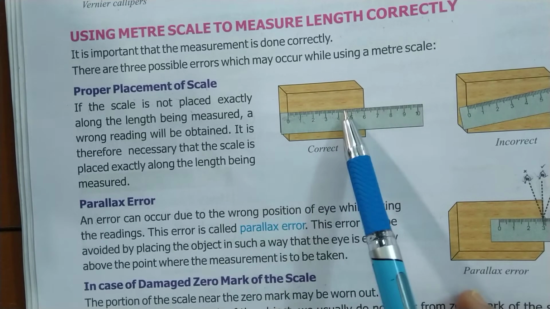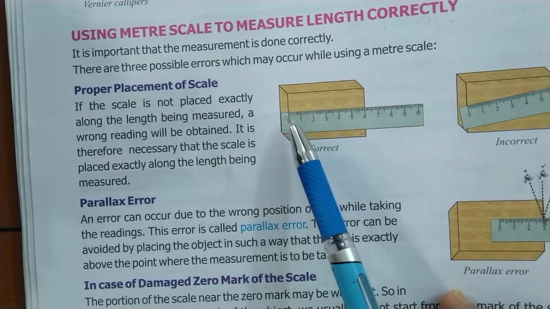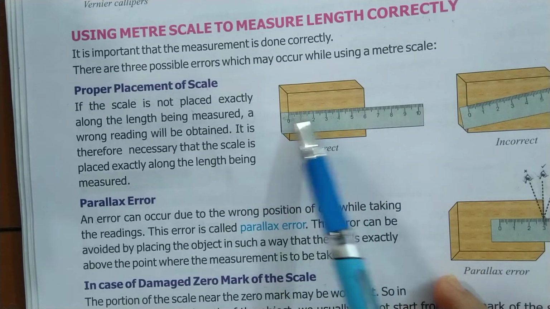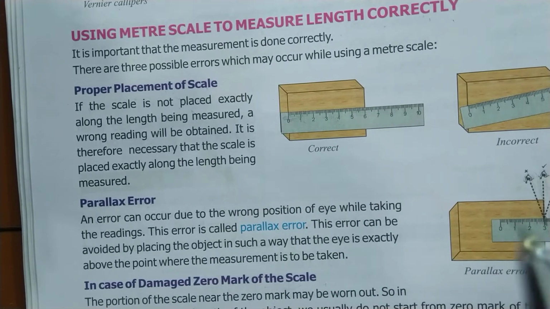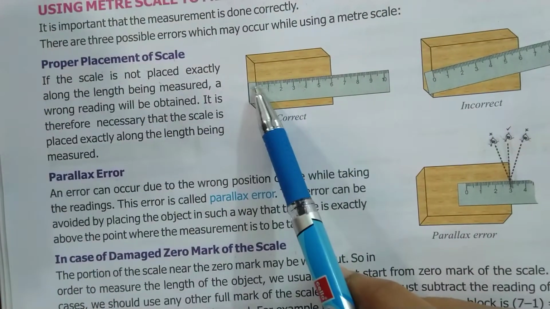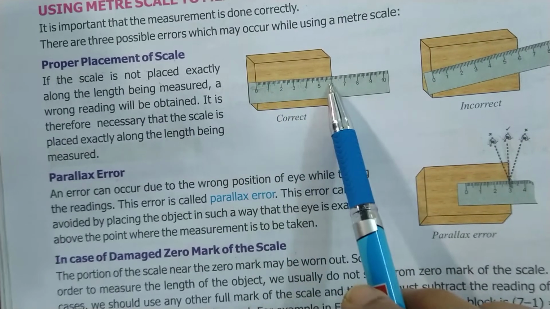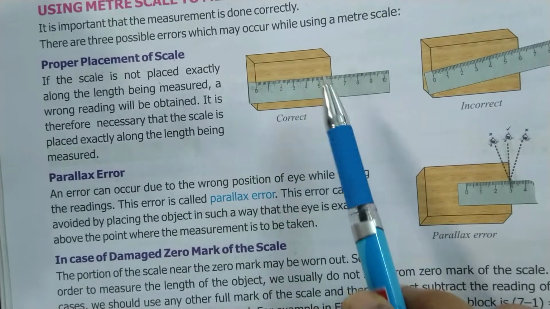So it is very necessary to place the scale exactly along the length which is being measured. Okay. See, this is the incorrect way to measure. This is the correct way. The scale should be placed properly for accurate measurement.